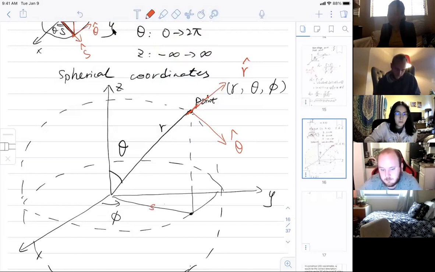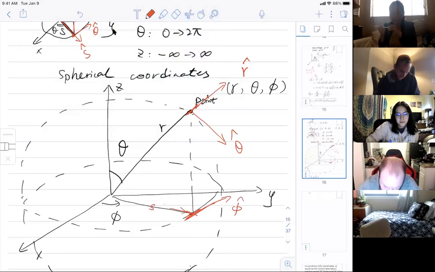But yes, phi is on the XY plane and is always perpendicular to my S hat. You can see this is my S, so phi is this direction, phi hat. But I want to move everything to be at the same point, right? So I'm going to move my phi hat parallel and upward so I can draw everything together.